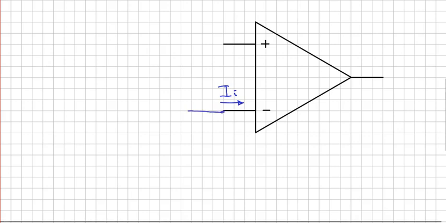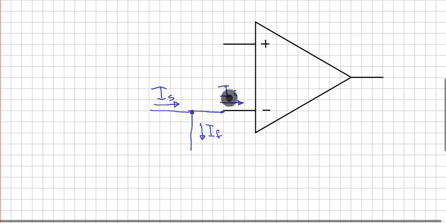And the way you make current subtract in real life is to make a node and connect several wires there. So I'm going to make this current coming in here equal to I_S, and I'm going to make the current going down here equal to I_F. And in this situation, Kirchhoff's current law at this node tells you that I_I equals I_S minus I_F, which is the equation we wanted.